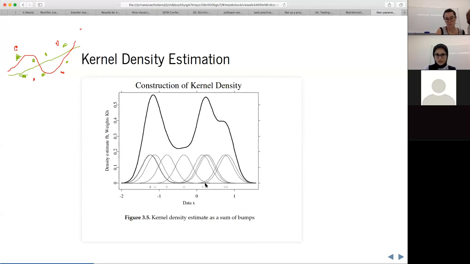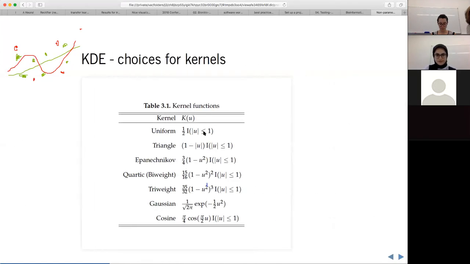So for a uniform kernel, if this is your fixed point, I'll need to go back to notes. So this is a definition of a uniform kernel. It says that return half for the values that are between 1 and -1, right?